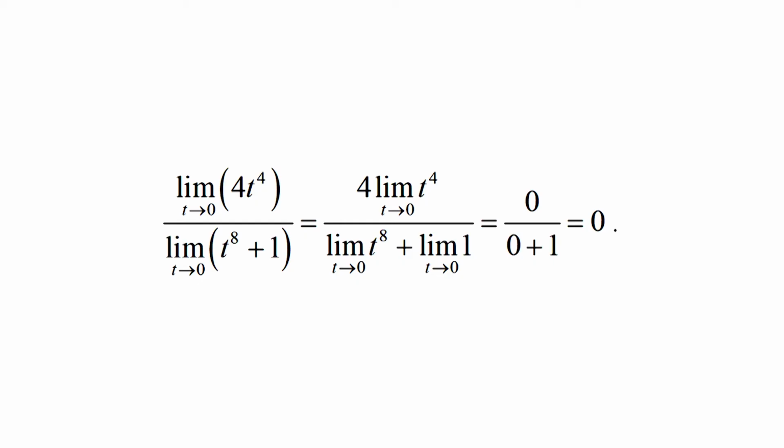Also, by the constant multiple rule and sum rule of limits of functions of one variable, this is equal to 4 times the limit as t approaches 0 of t⁴ divided by the limit as t approaches 0 of t⁸ plus the limit as t approaches 0 of 1, which is equal to 0 by 0 plus 1, which is equal to 0.